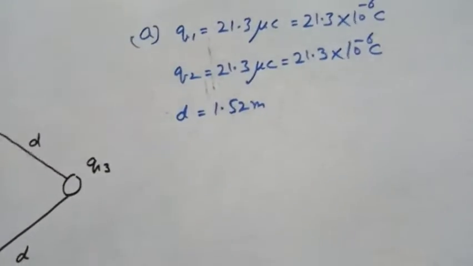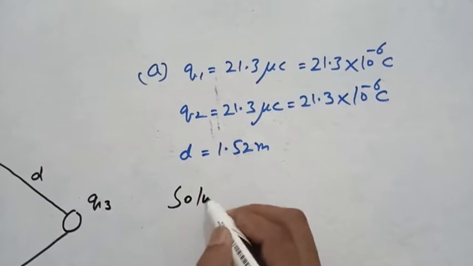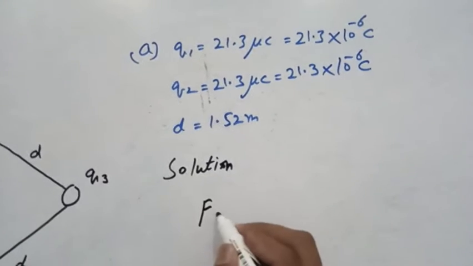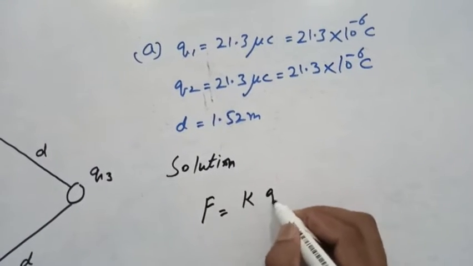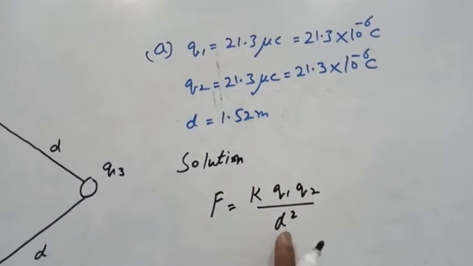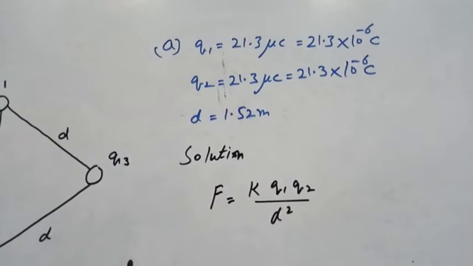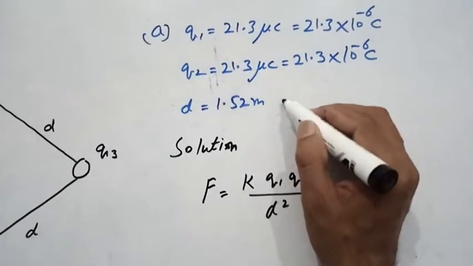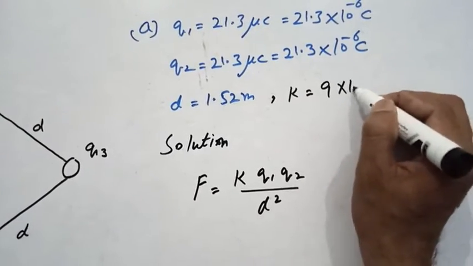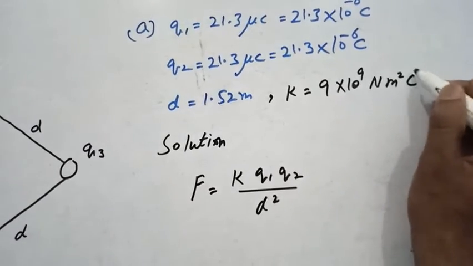And we know that the force between two charges can be calculated by Coulomb's law, that is F is equal to K Q1 Q2 over d square, where d is the distance between these two charged particles. K is the proportionality constant and its value is K is equal to 9 into 10 to the 9 newton meter square per coulomb square.